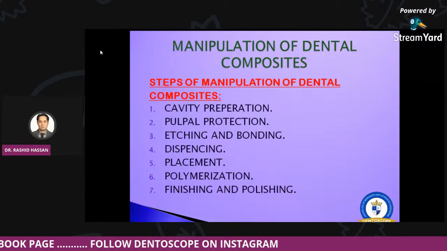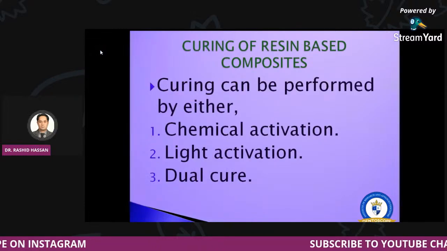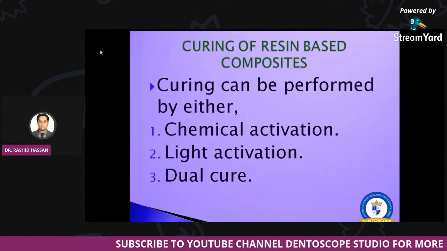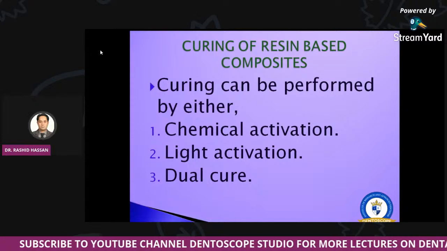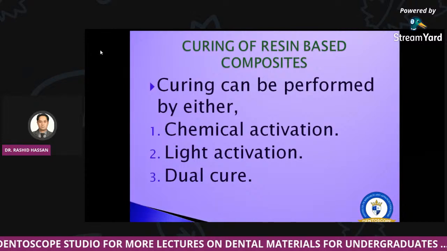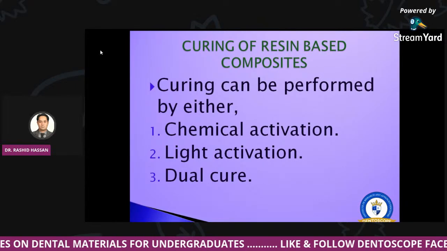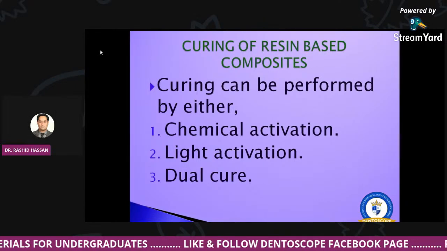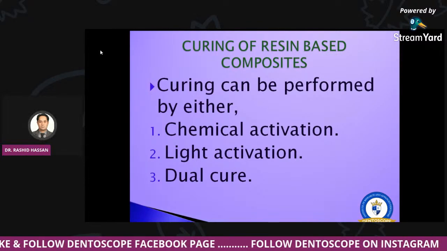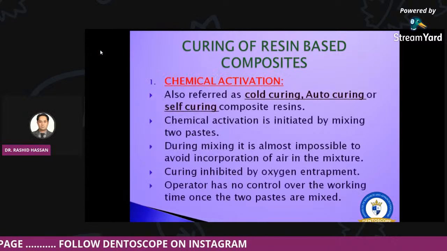Then you do the finishing procedure so that the final restoration is smooth to avoid the lodgement of any food debris. On the basis of curing, the dental composites can be either chemically activated, light activated, or dual cure. I'll talk about them in the coming slide.